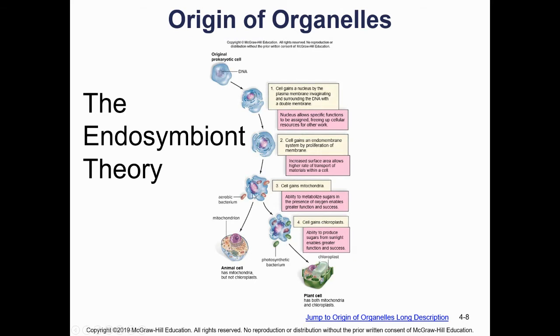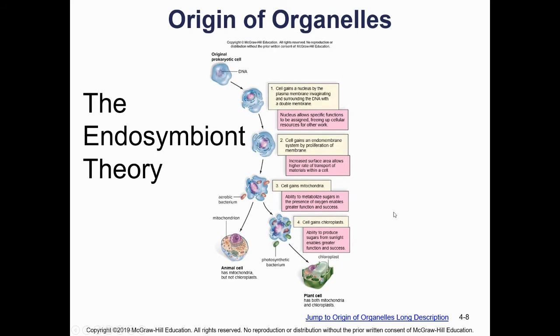Then we got better and better techniques, and the proteins on the membrane surface are similar to bacteria, not to eukaryotic proteins. And then we got even better technology, and it turns out mitochondria have their own chromosome. They have their own DNA, and it's different from the DNA in the nucleus of the cell. It's a single ring, just like in prokaryotes. Same thing in chloroplasts.